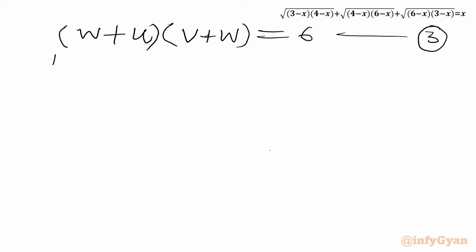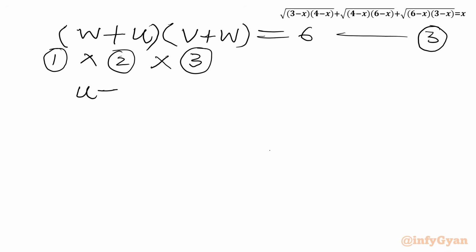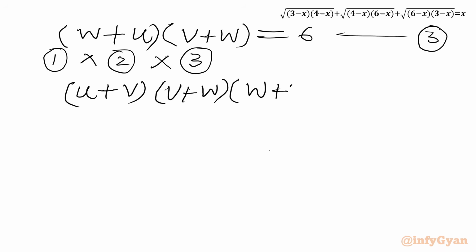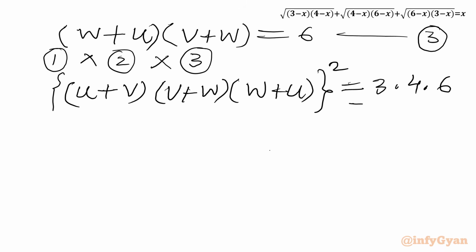Now we have to multiply all three equations, 1 times 2 times 3. We will get u plus v times v plus w times w plus u, whole square, equal to 3 times 4 times 6, which is equal to 72.